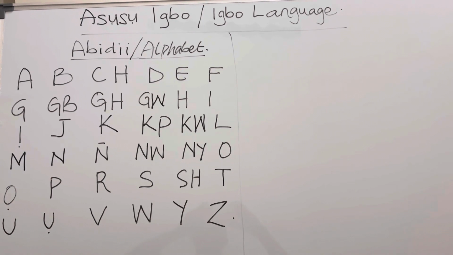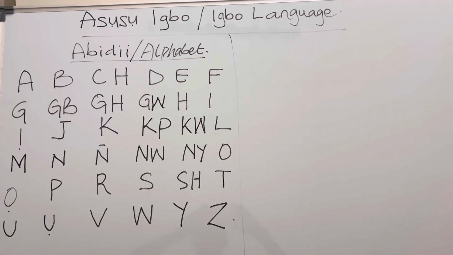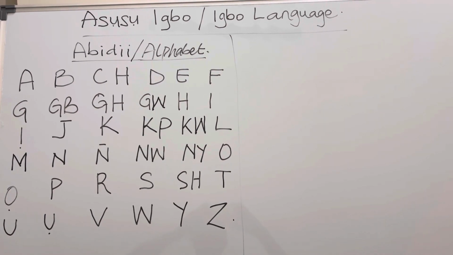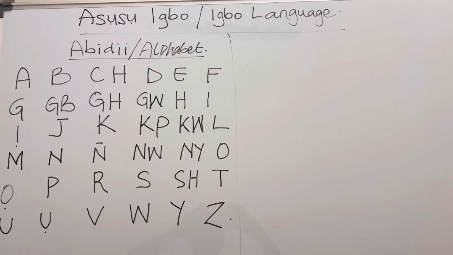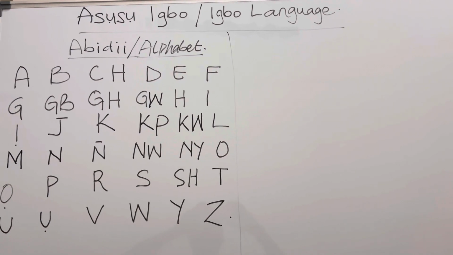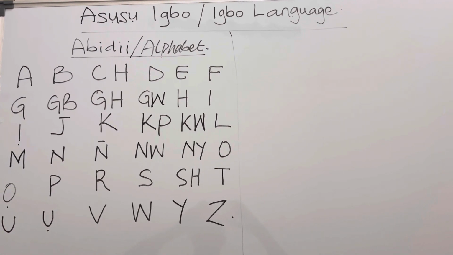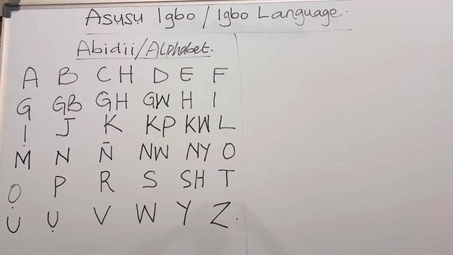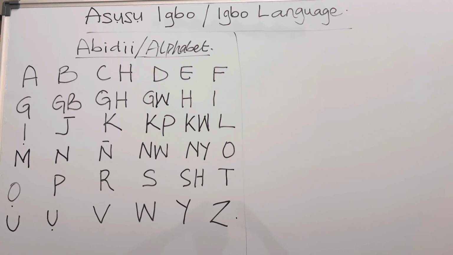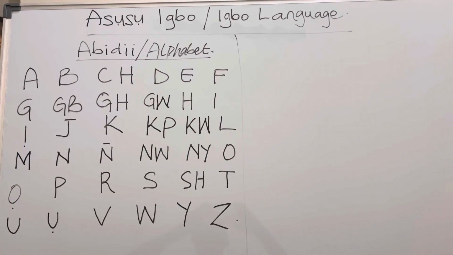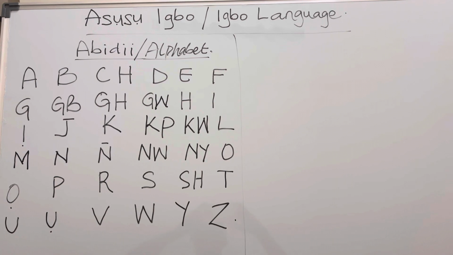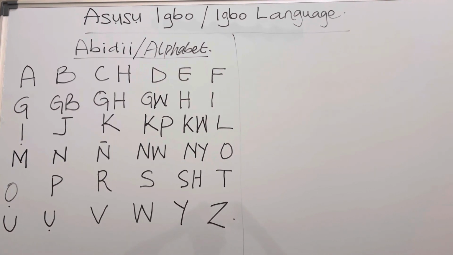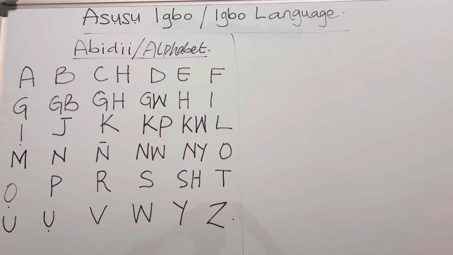In this, you are going to find out that we have some letters that appear twice. They appear twice, but that doesn't mean that they are the same. They look the same but are pronounced differently. A letter like I in English, you may pronounce as I, but in Igbo language it is pronounced differently.